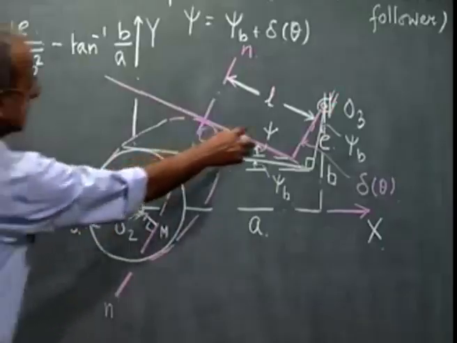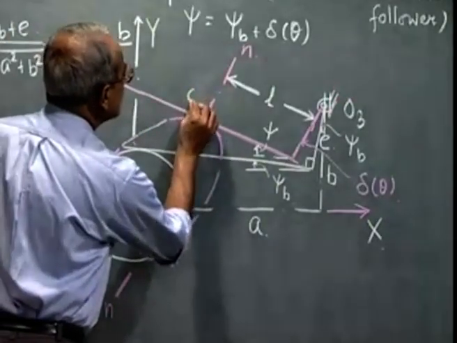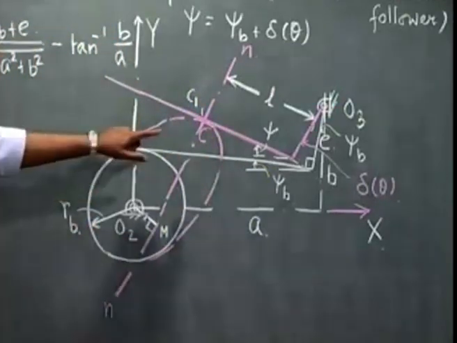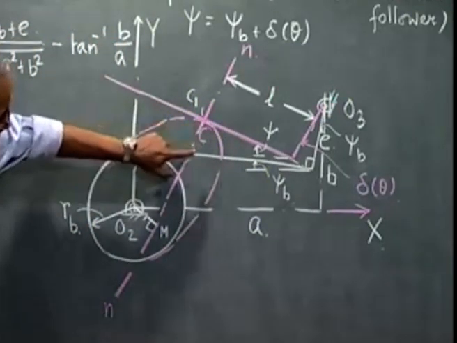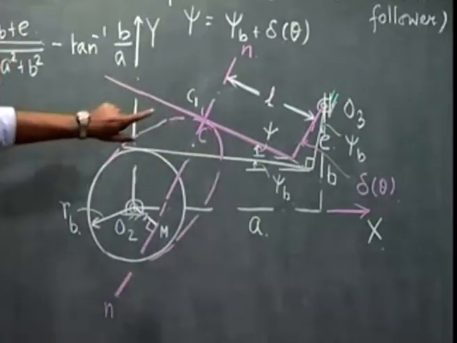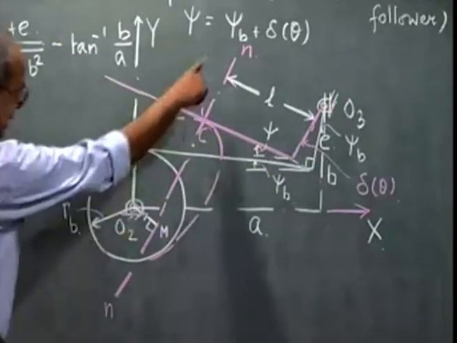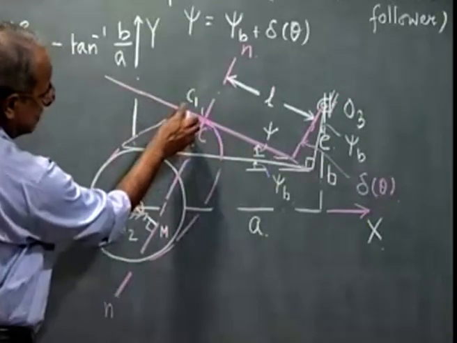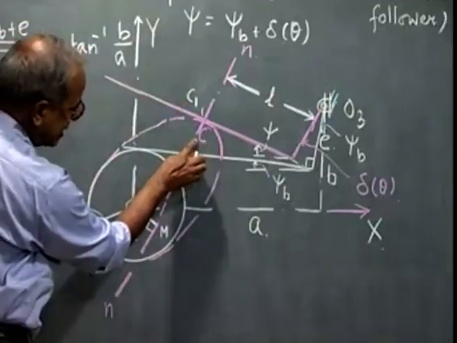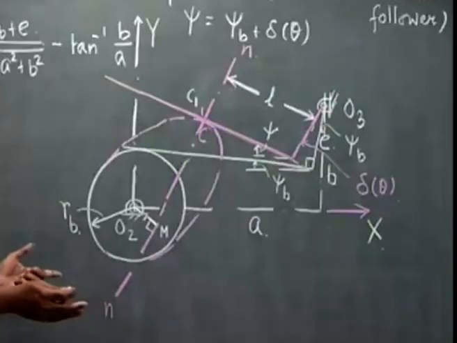To find this distance L, we consider a point C1 on the follower surface, coincident at this instant with C. C belongs to the cam and C1 denotes the point on the follower surface, which are in contact. To maintain the contact, velocity of this point C1 and this point C along the direction NN must be the same.